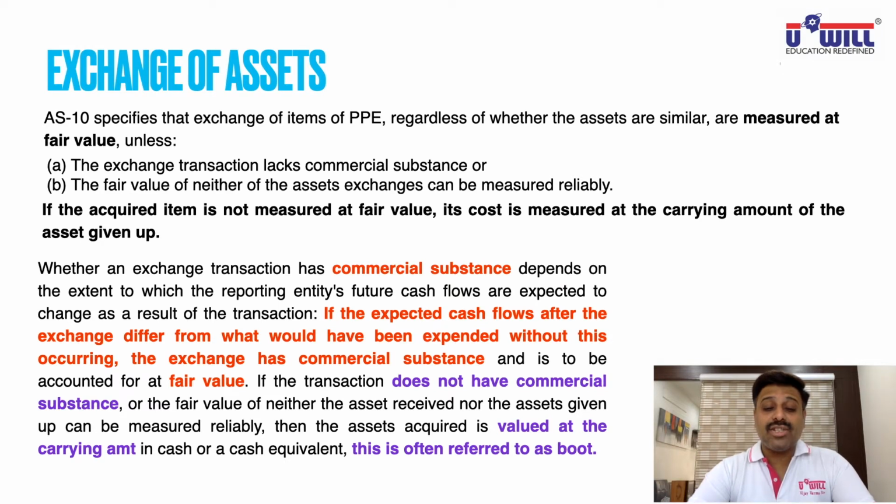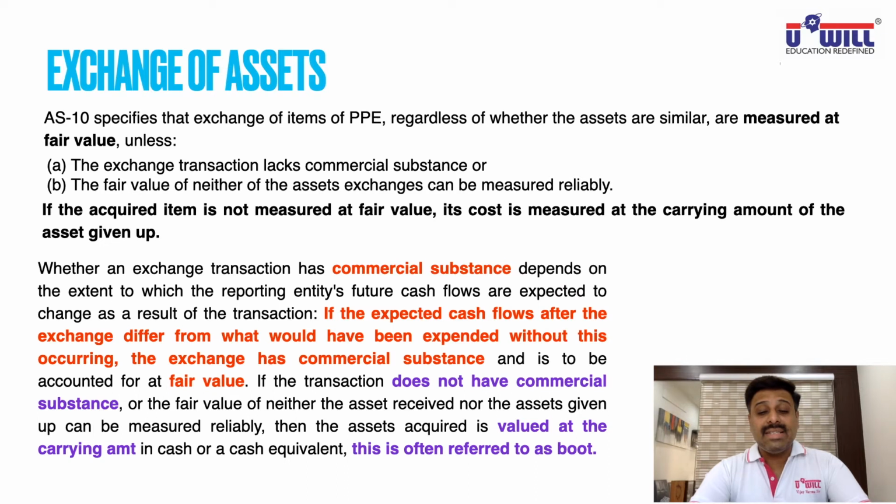In cash or cash equivalent, this is often referred to as the boot. Okay, if neither of the assets' value is available, it is called boot. This can be asked in MCQ. Underline this. What is boot? Neither the fair value of the asset given nor the fair value of the asset acquired is available. Then we take the book value of the asset given as the value of the new asset acquired.